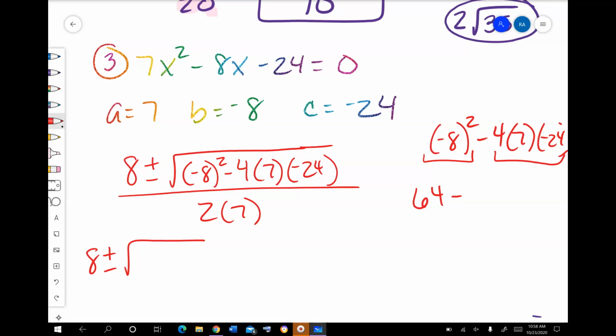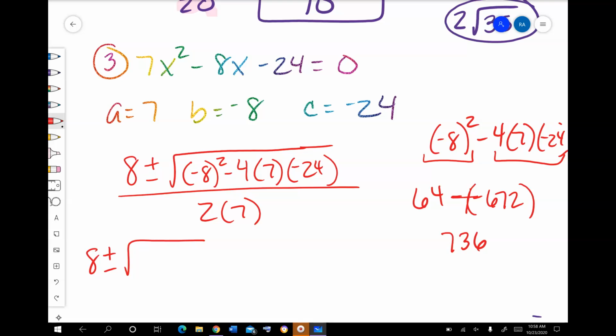So you're going to say 4 times 7, which is 28, and then you're going to times it by negative 24, which is going to be negative 672. Okay? These two negatives turn to a positive. So I'm going to say 672 plus 64, and I get 736.